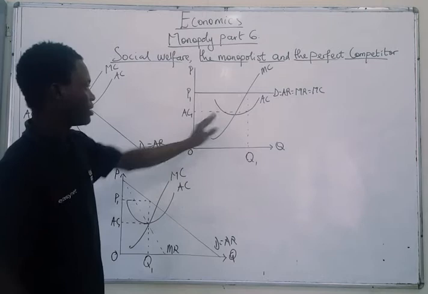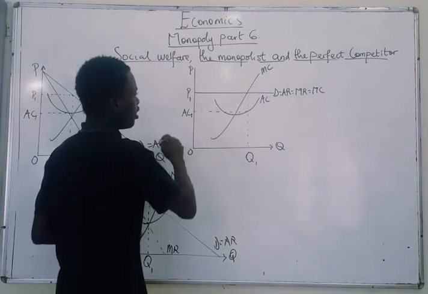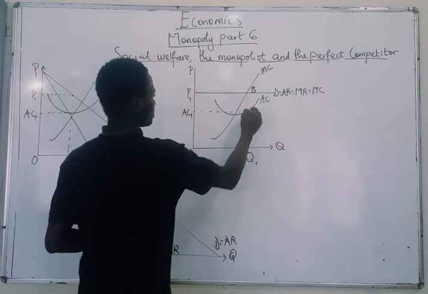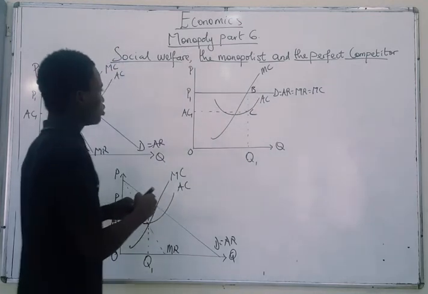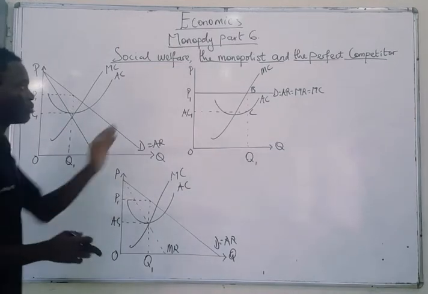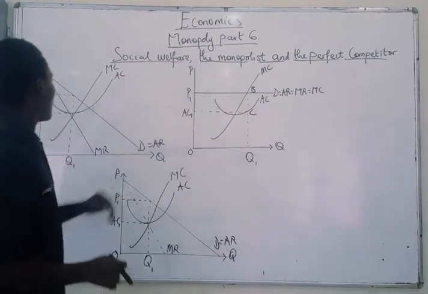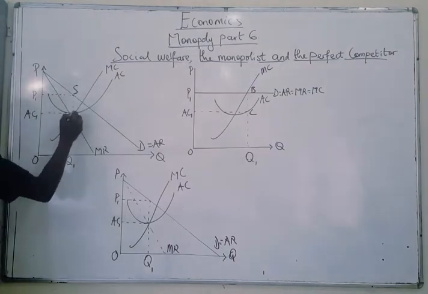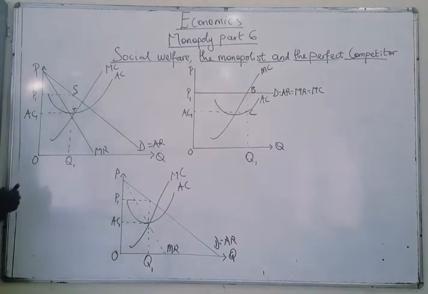This is already P1, so I could just call this B, and I could call this C. So rectangle P1B AC1C represents the profits of this firm, and then I will name this one S, and this place T. So rectangle P1S AC1T represents the profits of the monopolist.